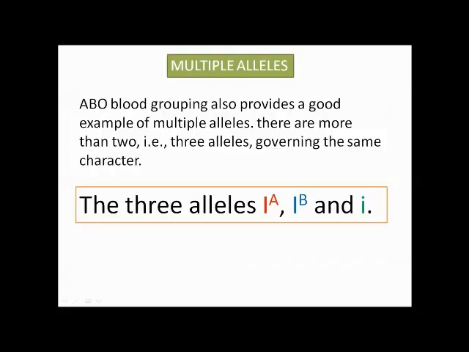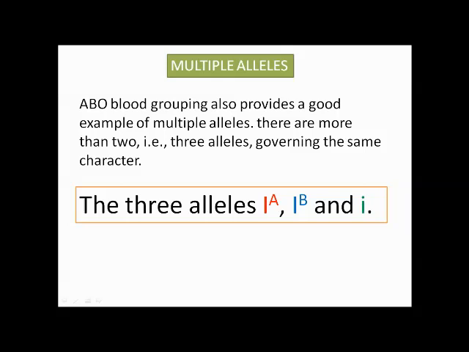So this was codominance. The same example can be discussed in the next phenomenon, that is multiple allelism. This is the phenomenon where multiple alleles are responsible for a single character or the same character.